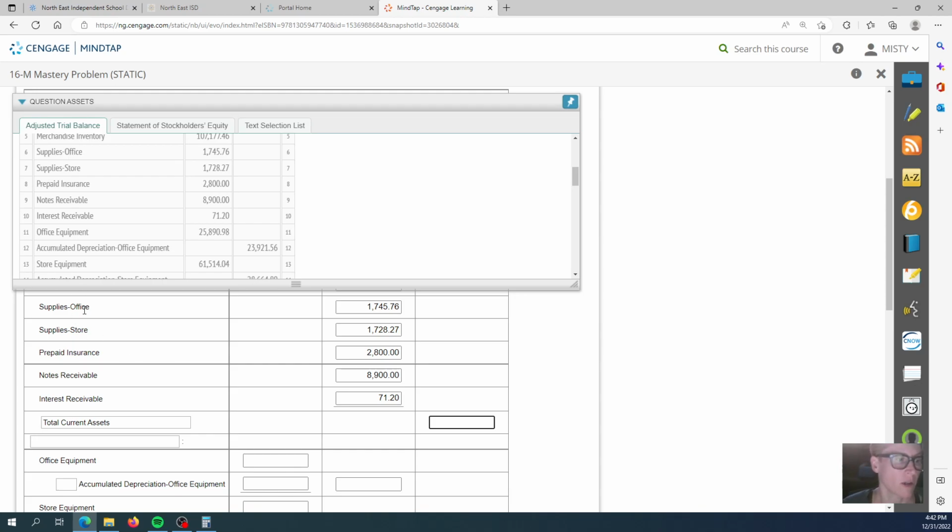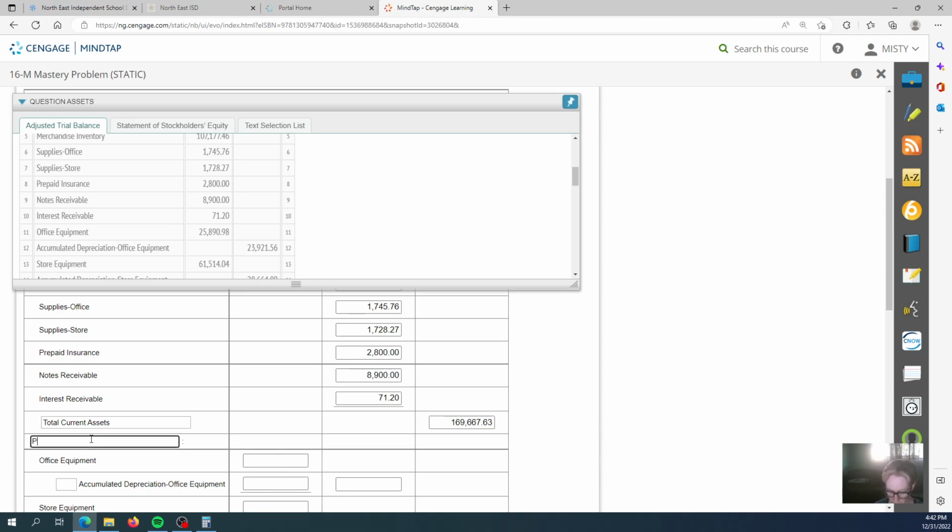Okay. Current assets are liquid, and plant assets are not. All right, here we go. Total current assets. So let's add all this up, and what do we get here? I'm using my cheat sheet. 169,667.63.